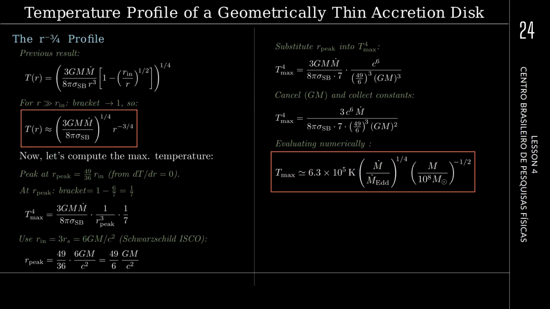If you take an active galactic nucleus, for which the black holes have millions of solar masses, the peak of the thermal emission will be in the ultraviolet. Do you remember the first class? We were talking about the big blue bump, which is in the blue ultraviolet part of the spectrum. That's why: because we have a very large black hole, the temperature of the disk drops with respect to smaller black holes, okay?